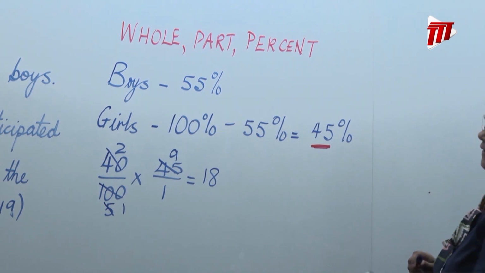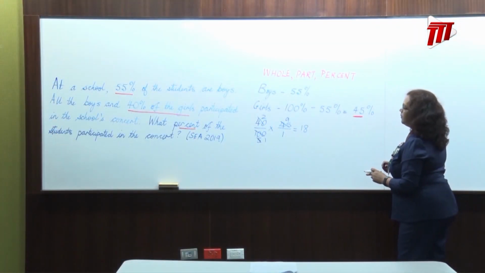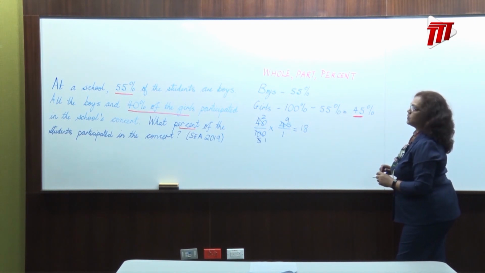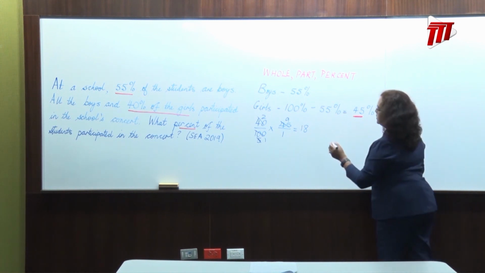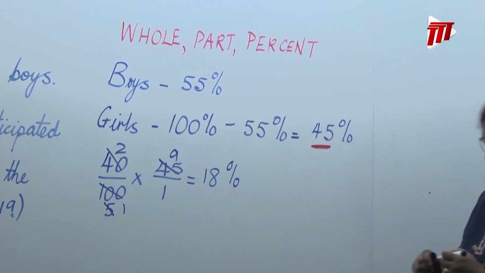So this 18 here does not represent 18 girls, it represents 18% of the students. It represents 18% of the total student body. So I must write my percent.